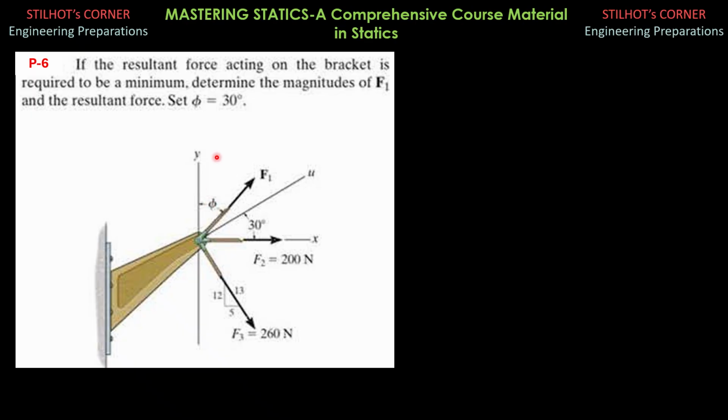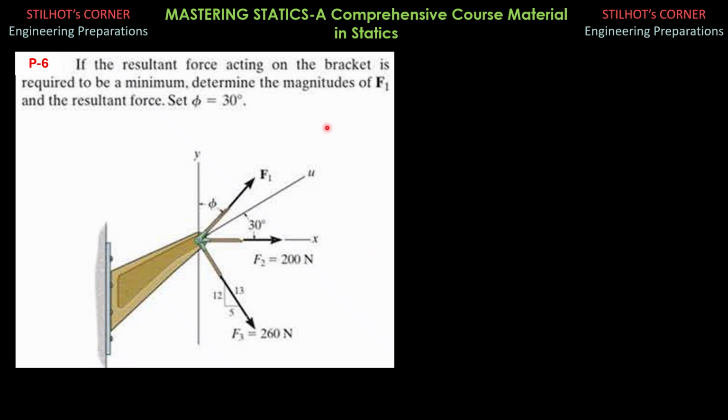So we set that up and we differentiate R with respect to F1 and then set it to 0, because that represents slope. And remember, the slope of the tangent at the lowest point of the graph between R and F1 is horizontal. So that's why the slope is 0.